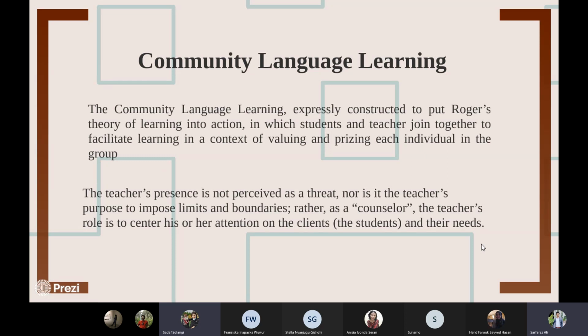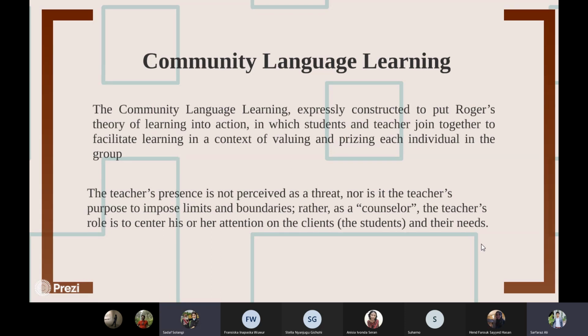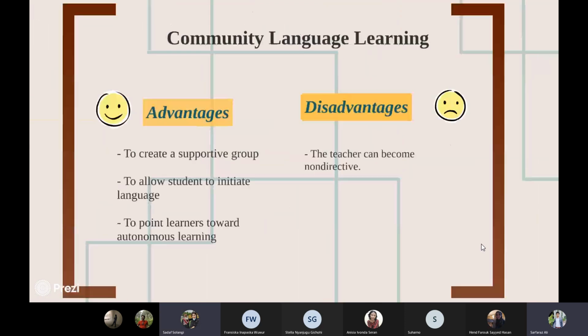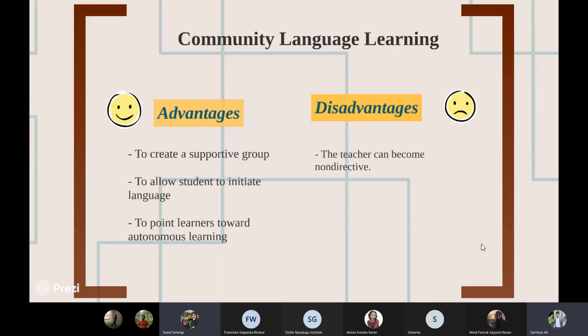In the next slide, we have its advantages and disadvantages. Community language learning has some advantages and disadvantages. The very first advantage I would like to read is that it creates a supportive group for the students, and it allows students to initiate language.